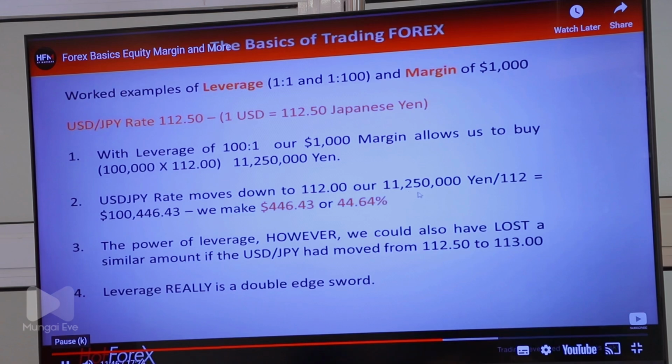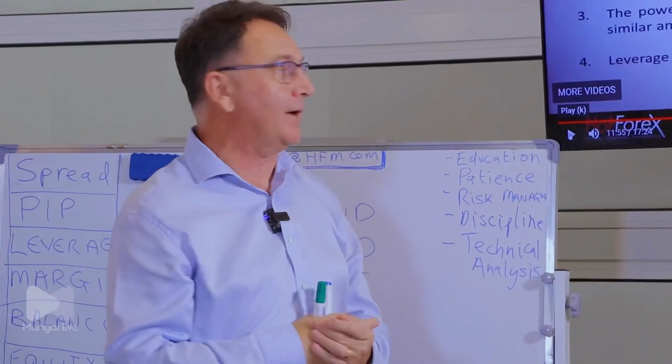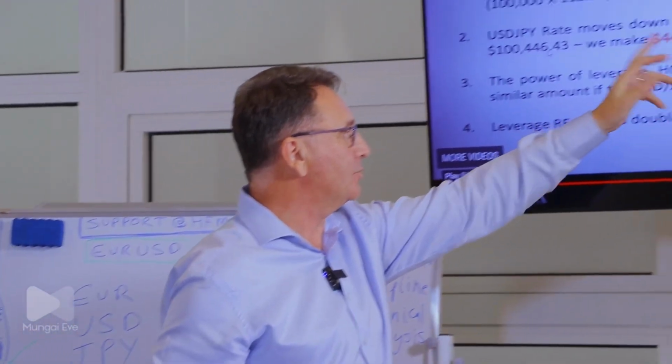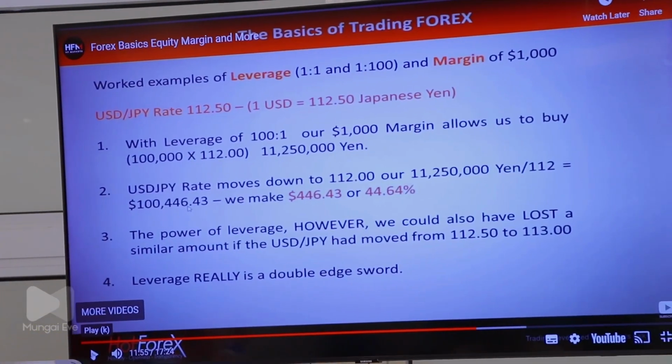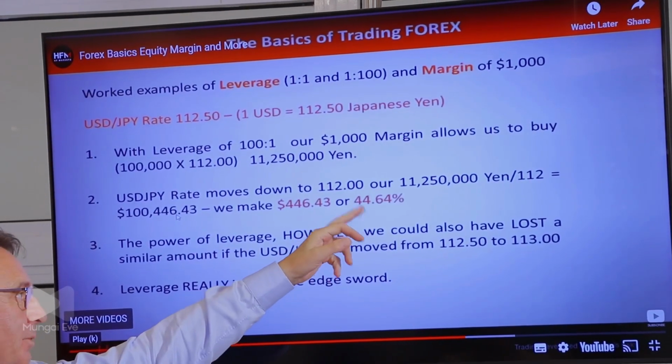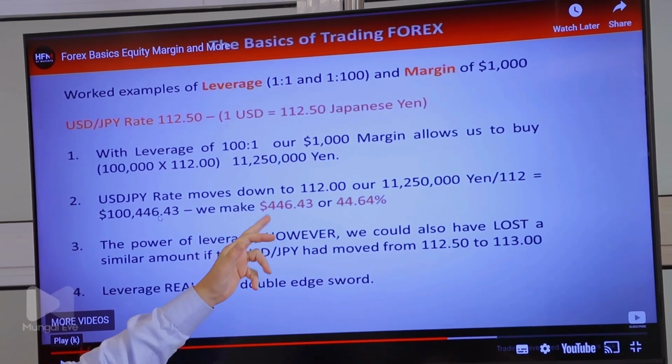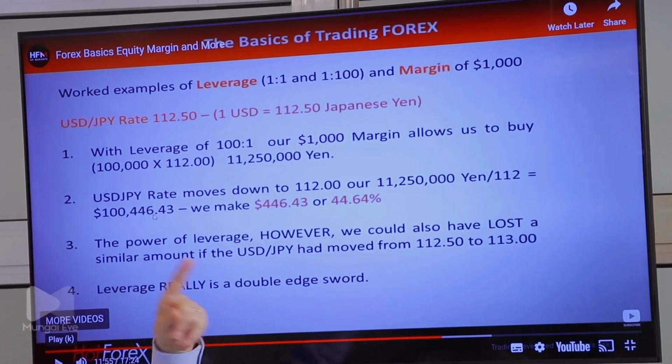Our 11,250,000 yen divided by the rate now makes us $101,004.46. So we've got 1-to-100 with our $1,000 account, and we've made $446, or more significantly, we've made 44.64%. So we've made $446 with only $1,000.